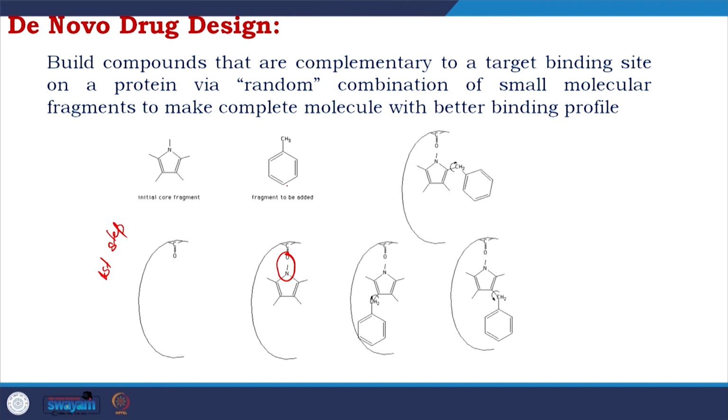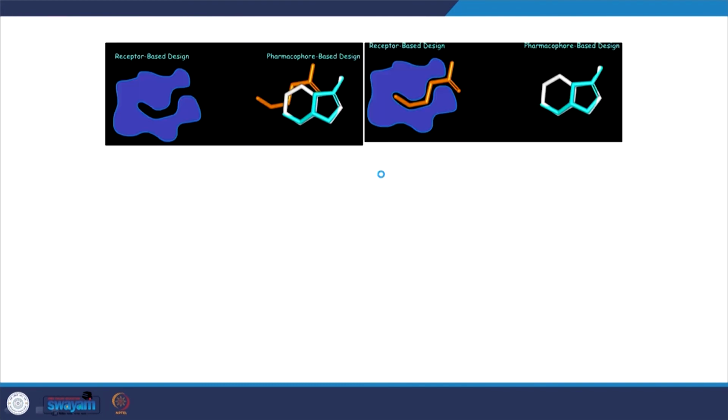Then you include this and you optimize. So, in step 2, you add a fragment and optimize its conformation. This is wrong, this is right. And now you have the lead compound.